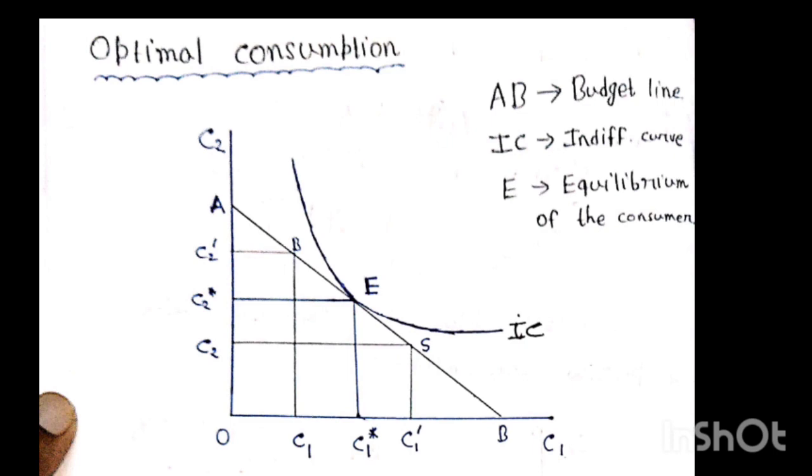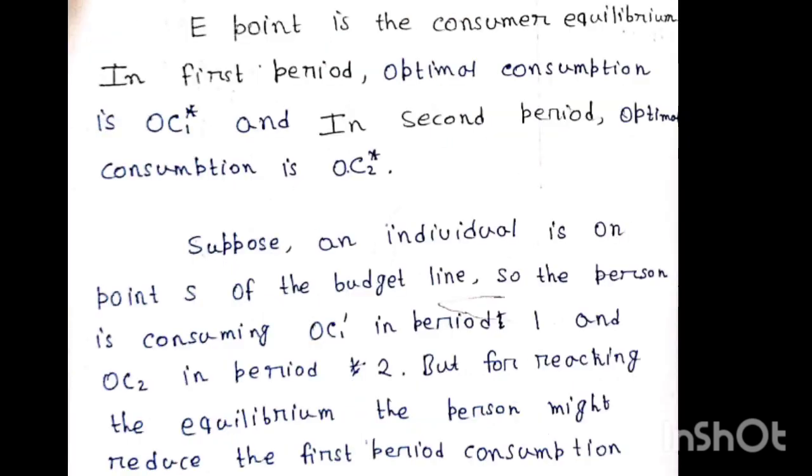By this way the consumer can reach the equilibrium point E, and at equilibrium the consumer will consume OC1 star in the present period and OC2 star in the future period. That is written in the notes as well. You can pause the video and write the notes.